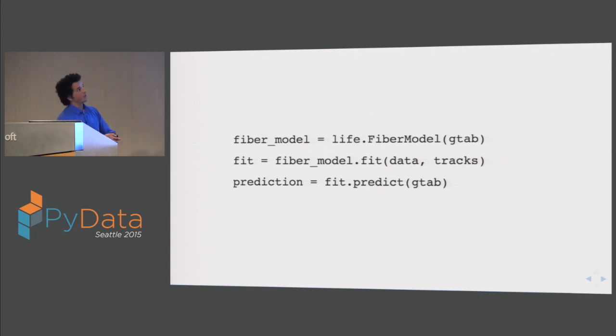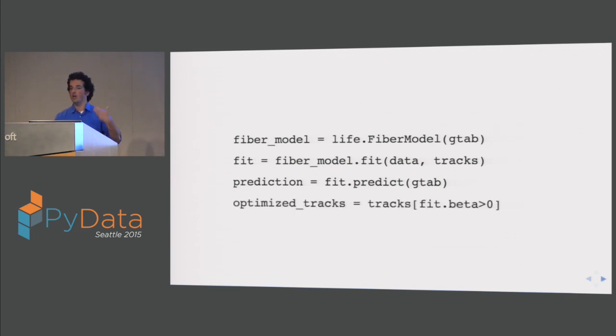In the fitting procedure here, what happens is the fitting of this large linear model, the estimation of these non-negative weights that I described before. Once the fitting is done, we can actually go and try to predict what the signal would look like and confront that with the data itself, estimating the error of these tracks relative to the signal.